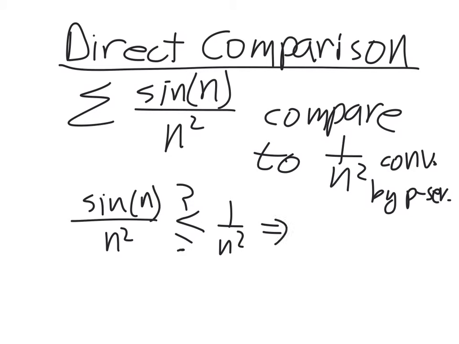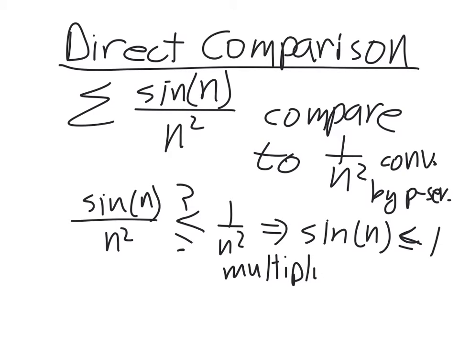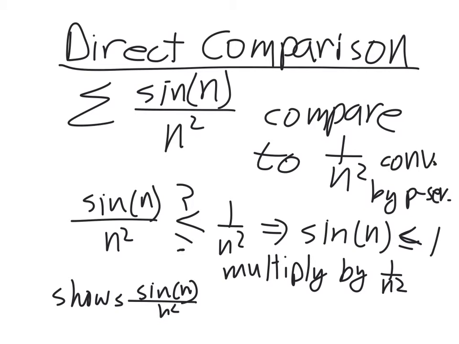We know sine of n is less than or equal to 1, and then multiply both sides by 1 over n squared, and that shows sine of n over n squared is less than or equal to 1 over n squared. So by the direct comparison test, this series would converge.